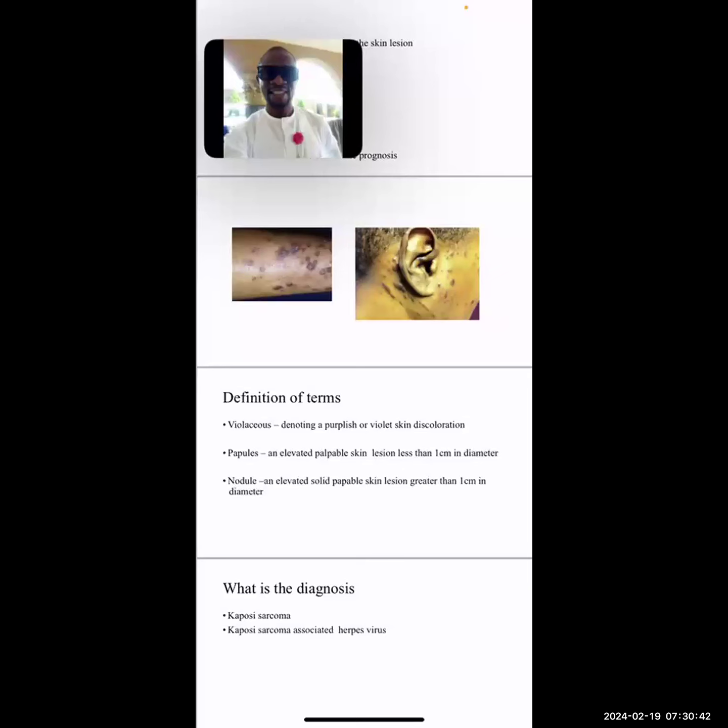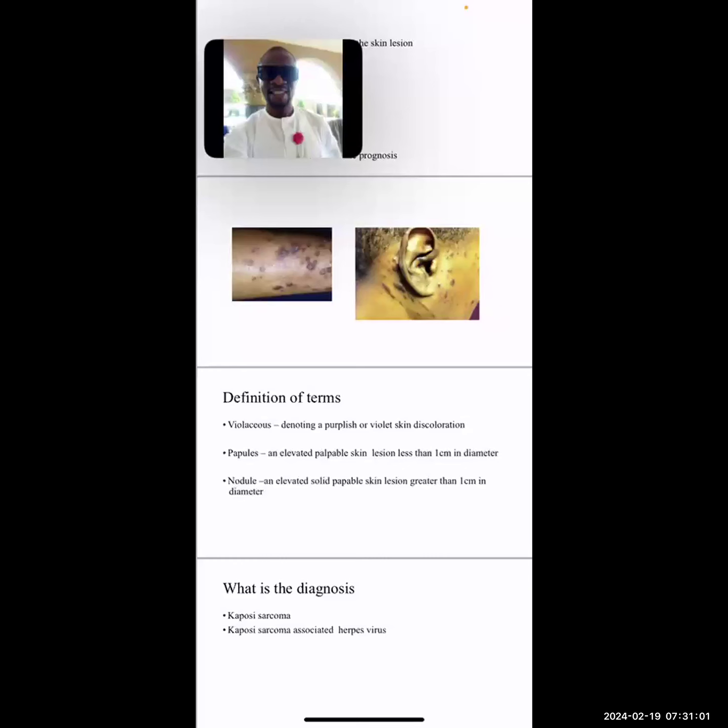While the other one on the other side was on the distal part of the legs, the foot, the lower part of the limbs. For clarity, to define some terms in dermatology, a violaceous lesion denotes a purplish or violet skin discoloration.